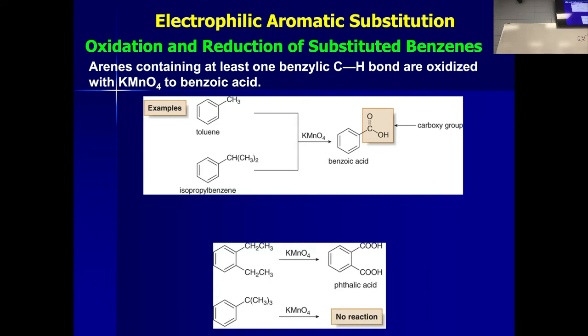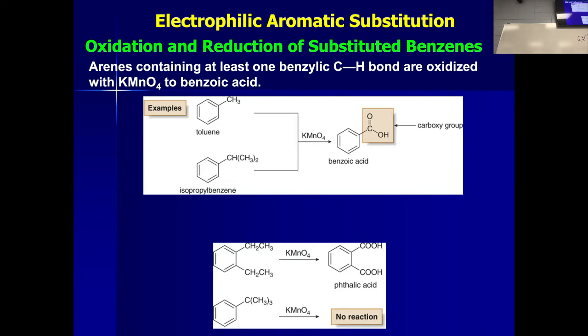You can oxidize those benzylic carbons to new functional groups, and in this case, you can oxidize it to a carboxylic acid. So I can take toluene, fingernail polish remover, and oxidize it to benzoic acid, which is the acid used to make sodium benzoate, which is used to preserve your food.